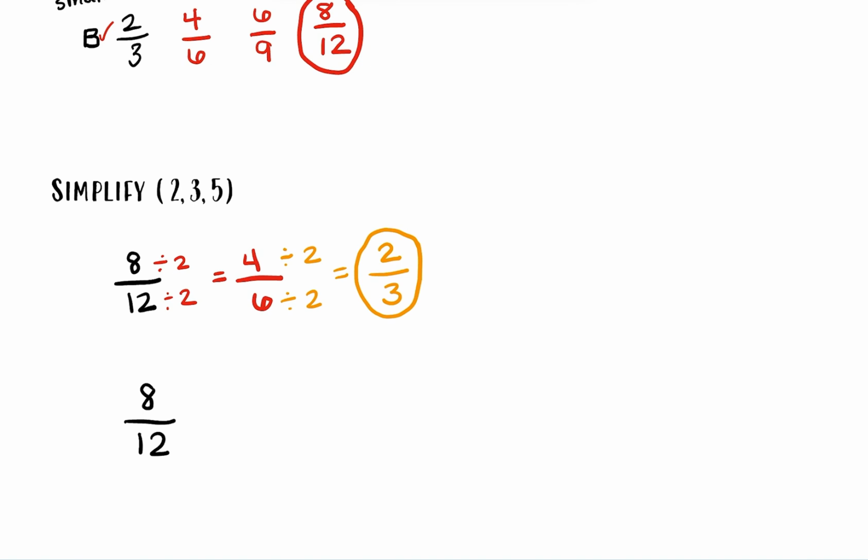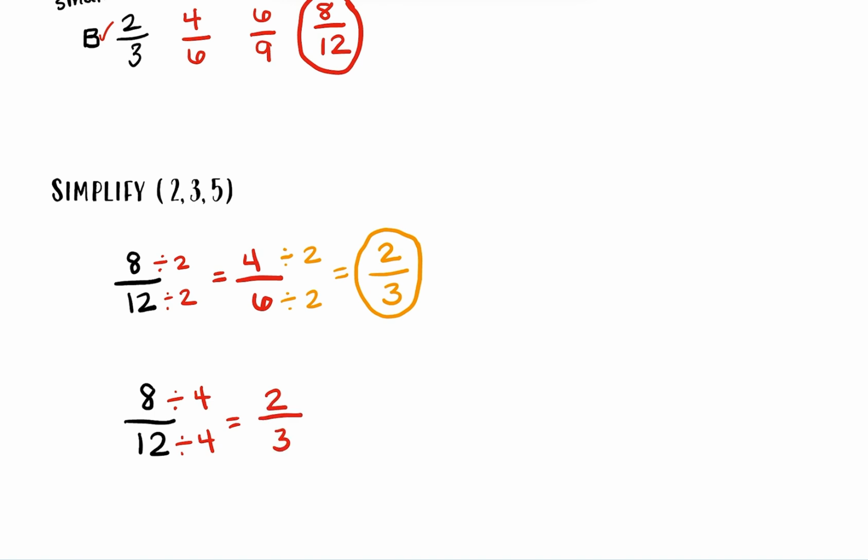So the next number I would go to is a 4. And I know I don't have a 4 here, but these are just the easiest ones. So I could technically simplify by 4, because 4, 8, and then 4, 8, 12. So divided by 4, divided by 4. And then 4, 8, that's 2. 4, 8, 12, that's 3.